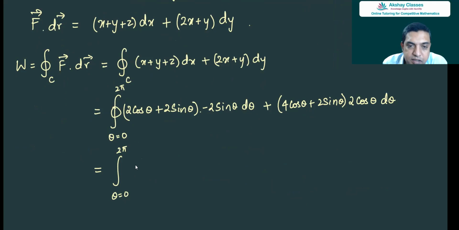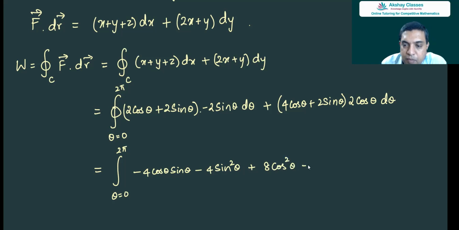This will be minus 4 cos theta sin theta minus 4 sin square theta plus 8 cos square theta plus 4 sin theta cos theta.